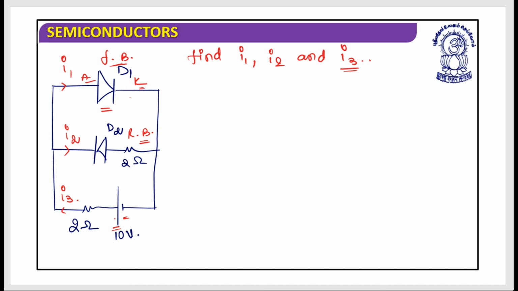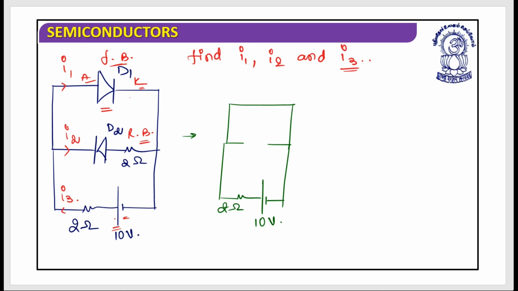So if I redesign the circuit, it will be something like this: this is the closed path and this is the open path, and this is the resistance, this is the battery. So this would be the situation. This is 2 ohm, this is 10 volt and this is I3.